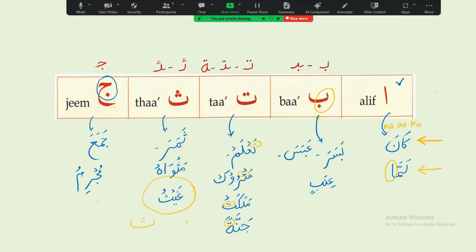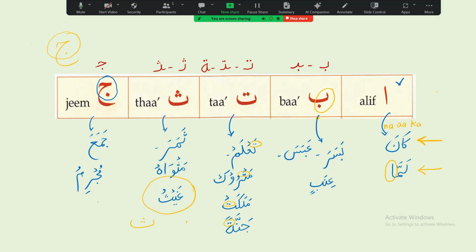Okay, so now moving on to the fifth alphabet for today, which is Jim. Jim alphabet. So sisters, for this alphabet, I have already encircled as well, that when we want to write Jim at the start, what we do, sisters, is that we take this first part of the Jim.